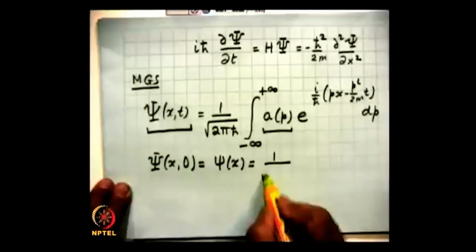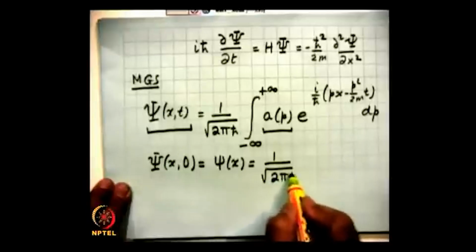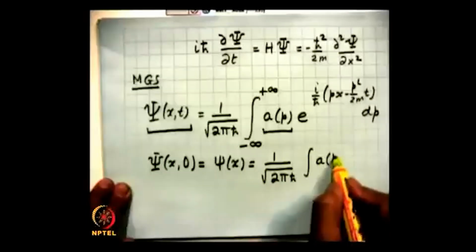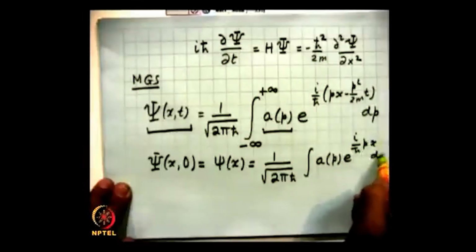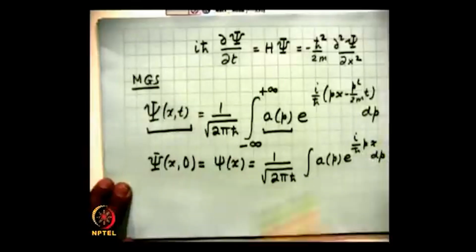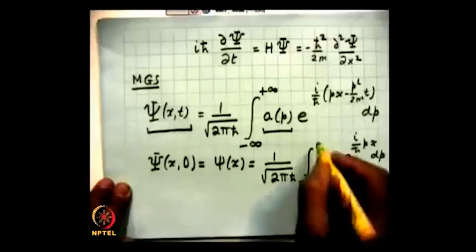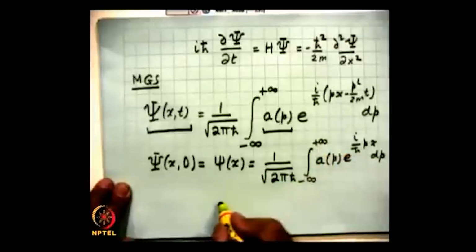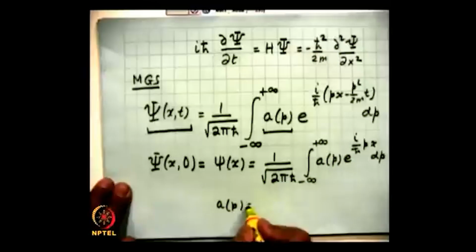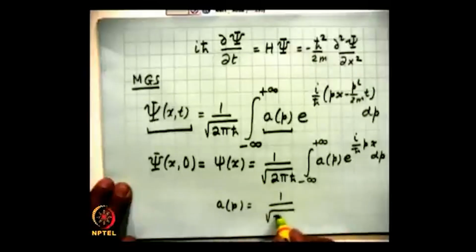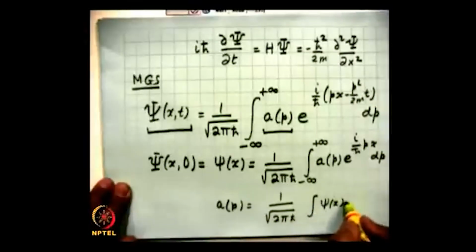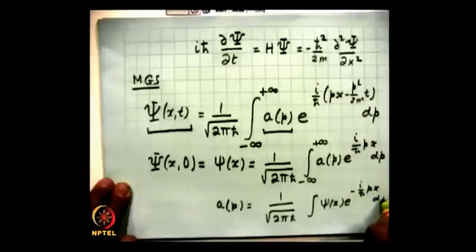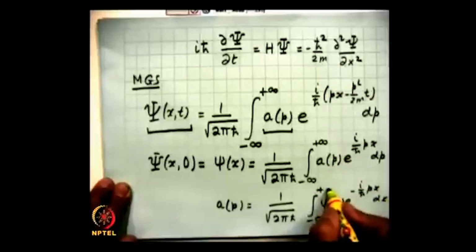Then this is equal to 1 over square root of 2 pi h cross times the integral of A of p e to the power of i by h cross p x dp. So, this is now a Fourier transform relation, with limits from minus infinity to plus infinity. Then A of p is given by 1 over square root of 2 pi h cross, which we have derived, times the integral of psi of x e to the power of minus i by h cross p x dx, from minus infinity to plus infinity.